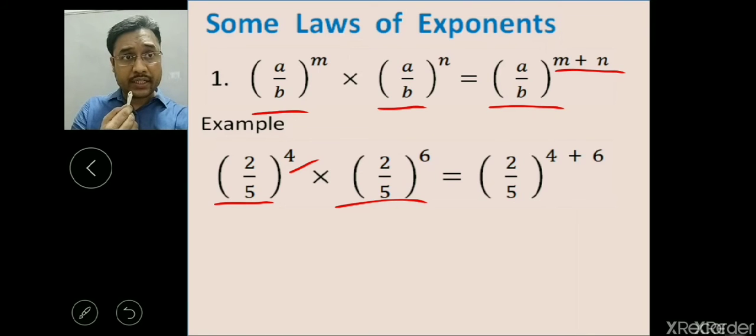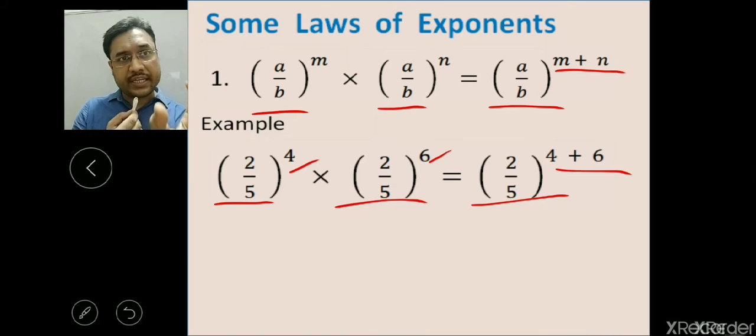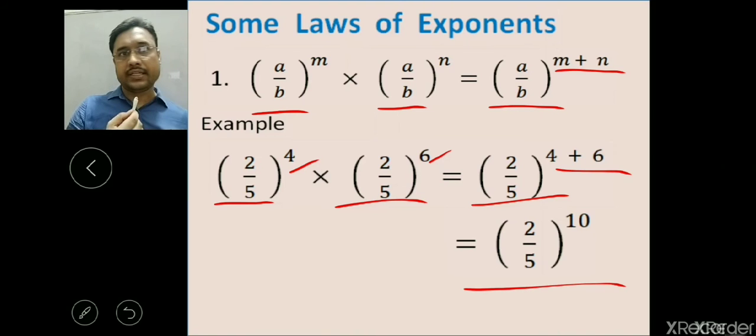So in the result you will write the number with the same base and add their powers. 4 plus 6 is 10 here, because when you multiply such exponential numbers, you have to add their exponents. So the result will be (2/5) to the power 10. This is the answer here.